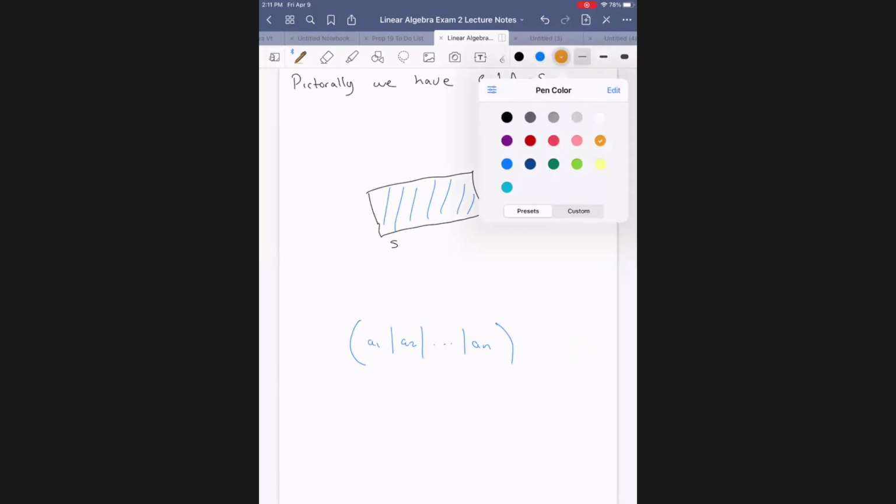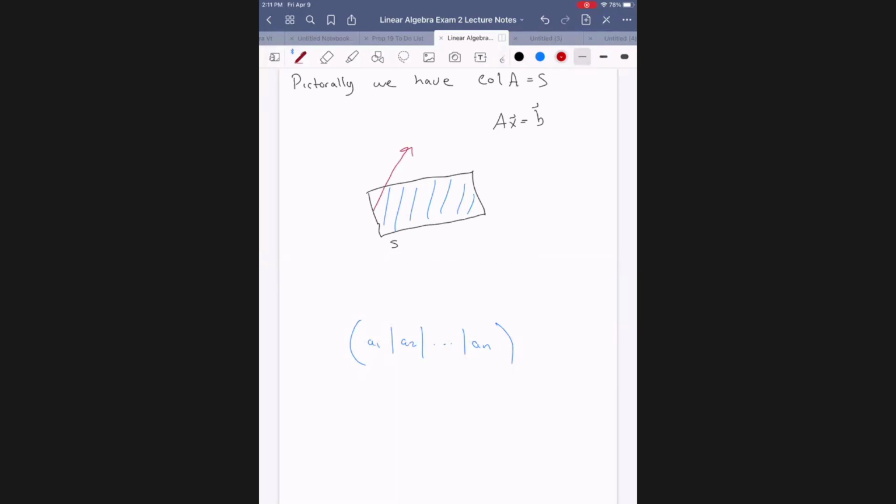So if you had the equation AX equals B, the column space of A would contain B. B would be in this plane right here. However, if it's not, then ours is probably going to point upwards like this.